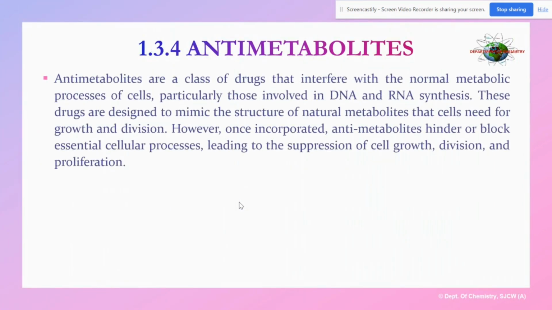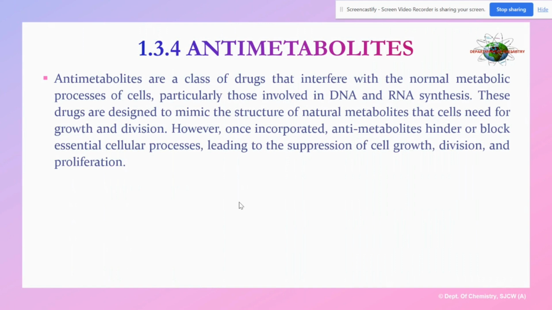Antimetabolites. Antimetabolites are another class of drugs that interfere with the normal metabolic processes of cells, particularly those involved in DNA and RNA synthesis. There's one small clarification here. Metabolites are natural chemicals. Antimetabolites are drugs. So they are a class of drugs that interfere with the normal metabolic processes of cells, particularly those involved in DNA and RNA synthesis.